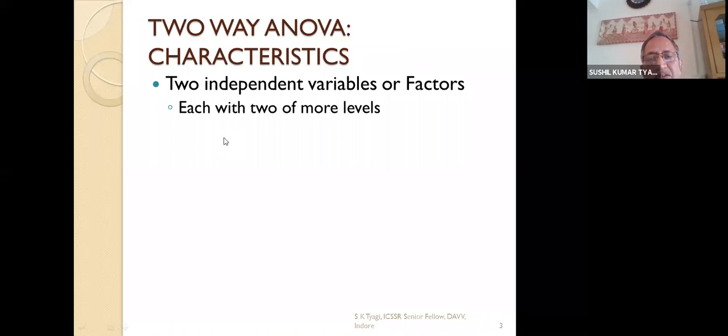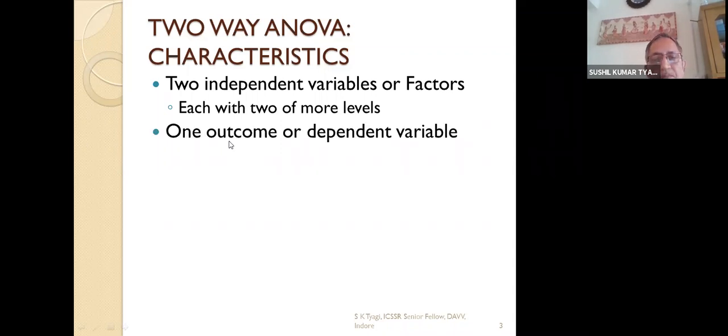Each of these factors has two or more levels. Both of these factors may have two levels, like the example I just gave: rural, urban, male, female. So residence has two levels, gender has two levels. This is an example of a 2 by 2 factorial design ANOVA.